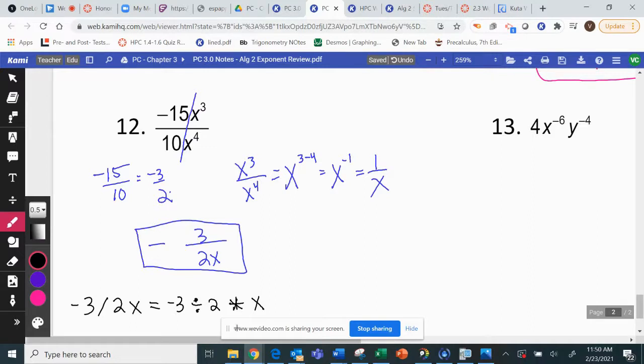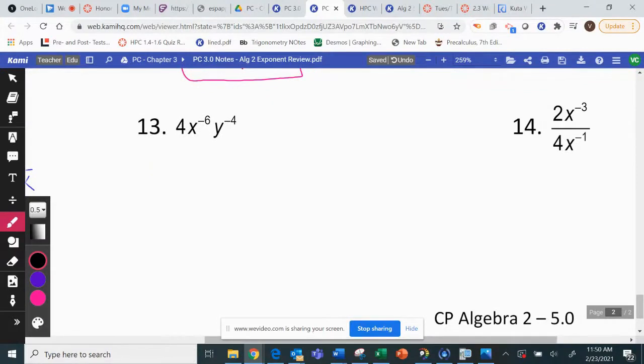This is telling me negative 3 halves multiplied by x, where x would be on the top. So that's one reason why I hate writing stuff like this. So I 100% encourage you guys to be using the horizontal fraction bar.